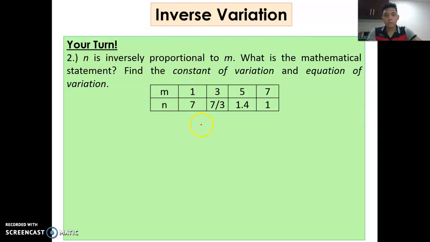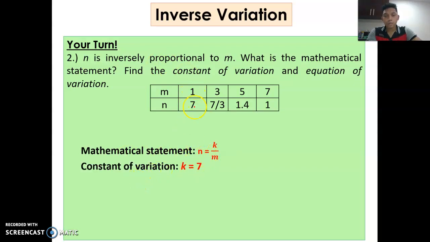N is inversely proportional to m, so our mathematical statement is n is equal to k over m. For the constant of variation, we multiply each pair. If we multiply each pair, we come up with 7. And our equation, replacing k with 7, is n equal to 7 over m.